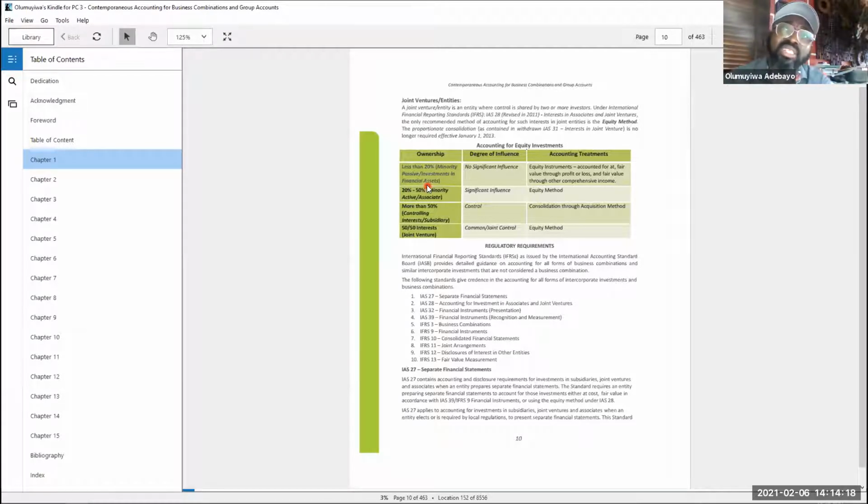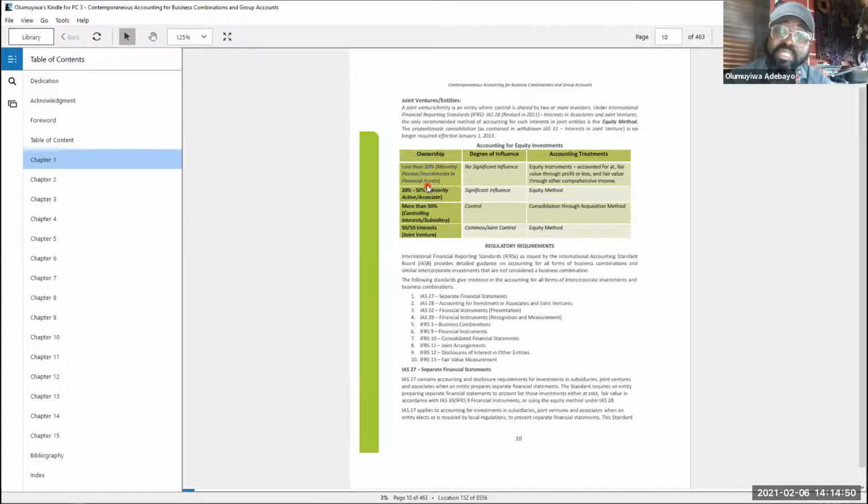Now, the only one that constitutes business combination in all respects is where you have more than half of the voting rights, which predominantly gives you control. And in that instance, we talk about you consolidating the results of the other entity. And what does consolidation depict? Those are the things we'll look at later once we move from this level towards group accounts.